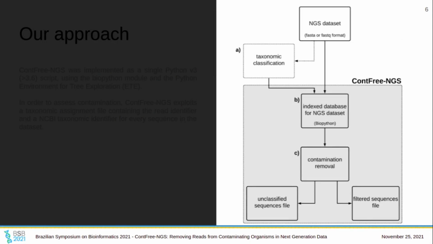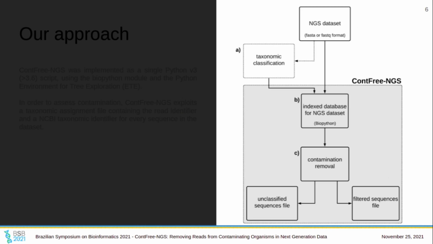So here we can see the workflow of ContFree-NGS. The first step is to have a dataset in FASTA or FASTQ format. Then you have to generate a taxonomic classification file, and with this taxonomic classification file, you can run ContFree-NGS.